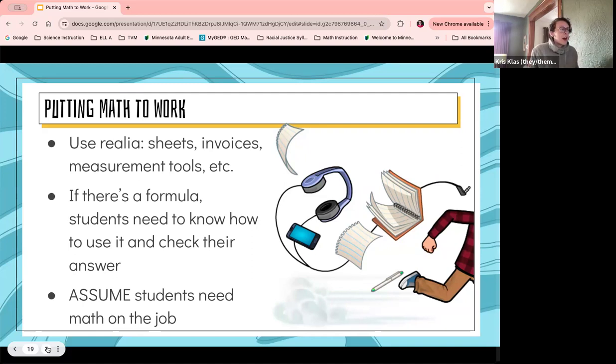And of course, bringing that sort of problem solving mentality to your work is also a really important thing for employees to be able to do.